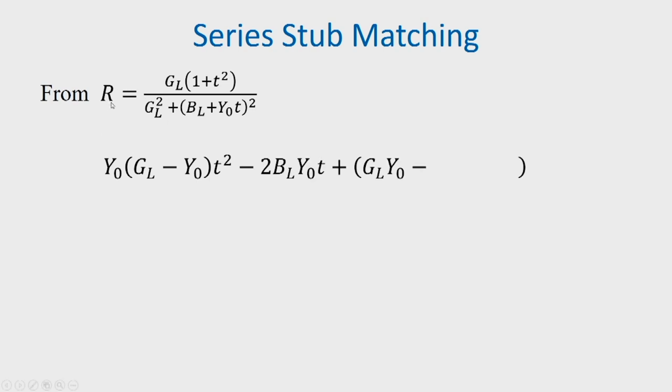if we write R equal to Z naught is equal to 1 by Y naught, if we make this substitution and rearrange the terms, we can write Y naught G L minus Y naught T square minus 2 B L Y naught T plus G L Y naught minus G L square minus B L square equal to 0.